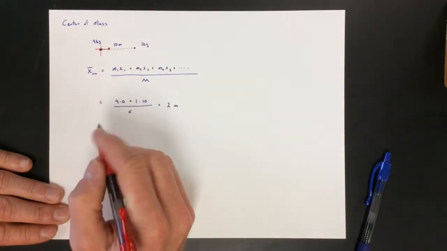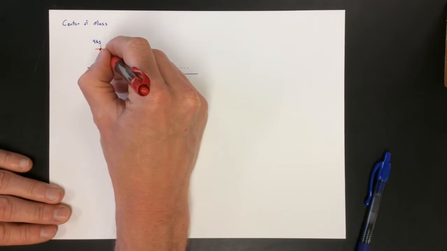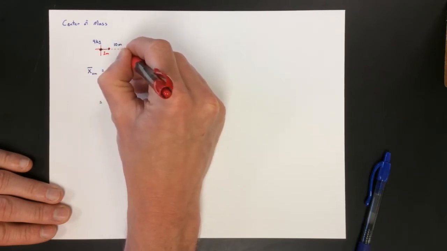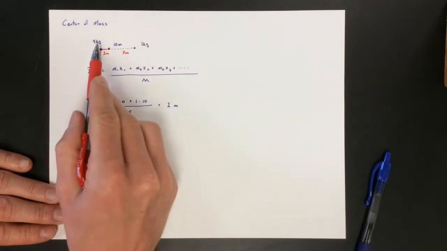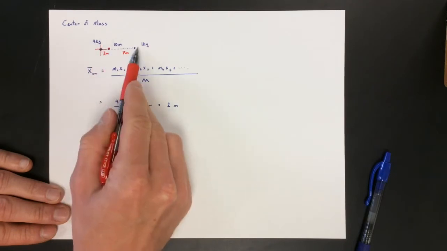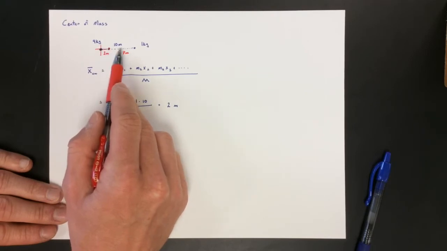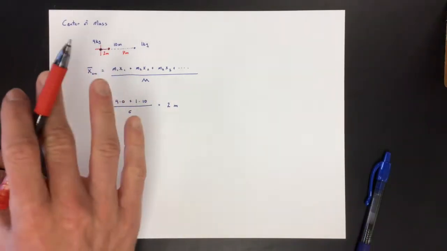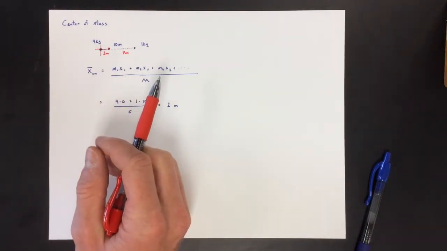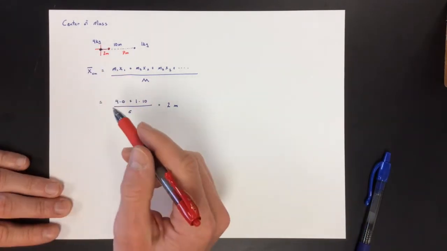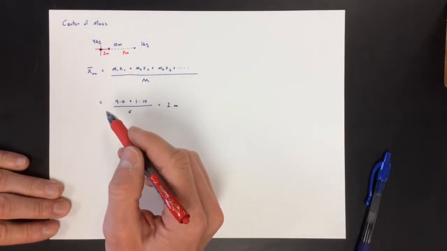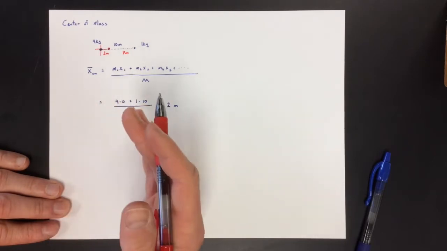If you think about how that works, if this is 2 meters, then this distance is 8 meters, and since this is 4 times more massive than this one, the center of mass is 4 times closer to this one than that one. Those proportions have to make sense. We're going to use center of mass for a variety of things, but certainly we could talk about the center of mass being the balance point.